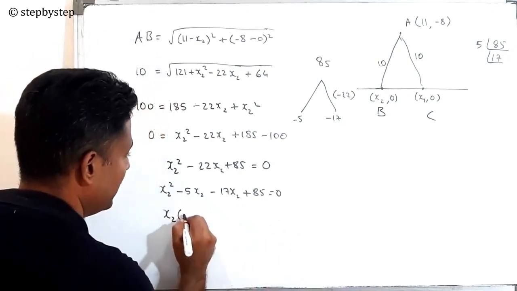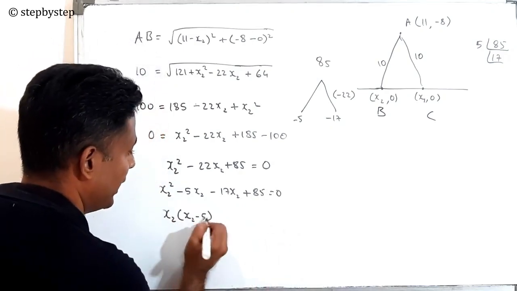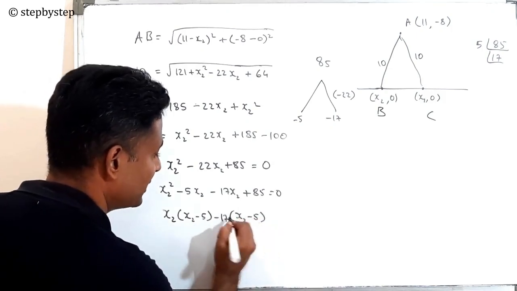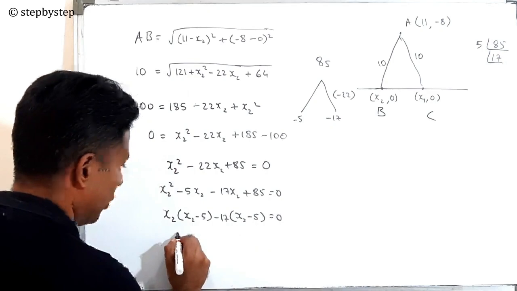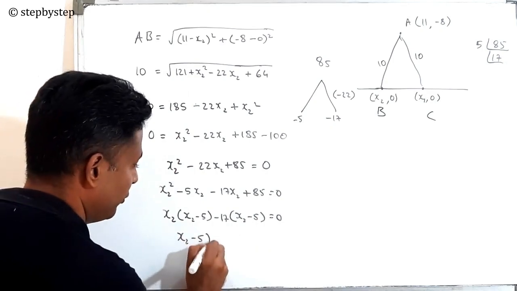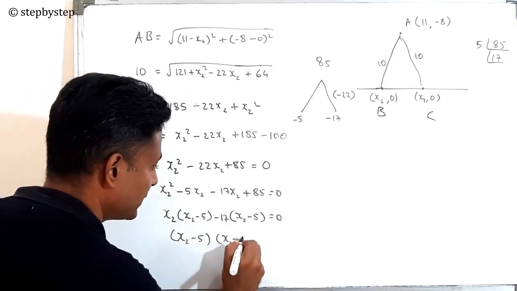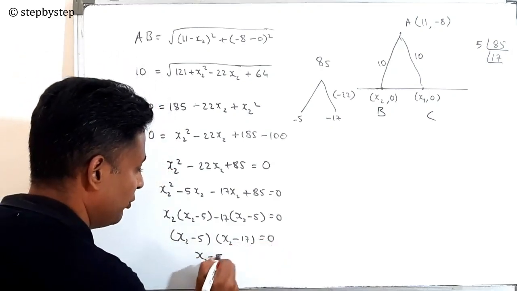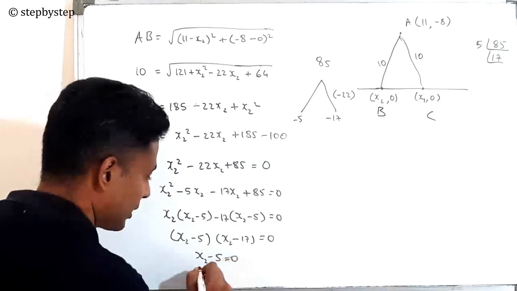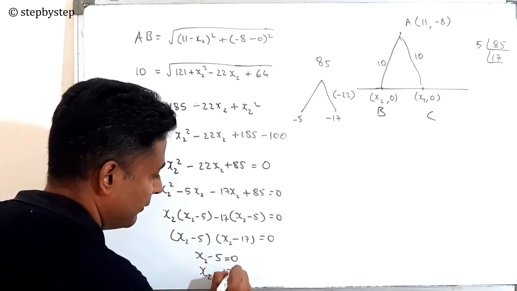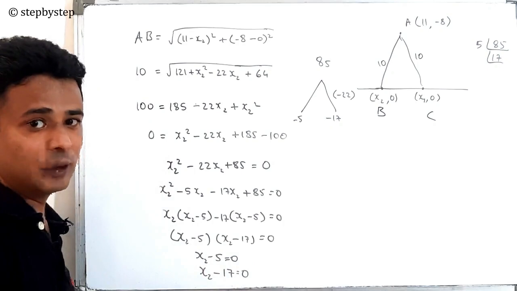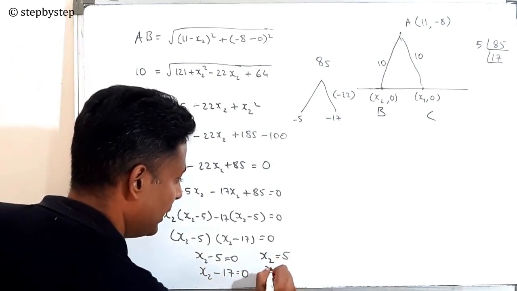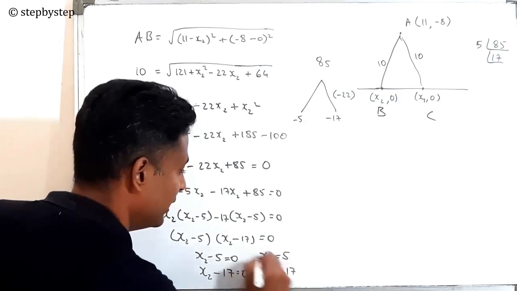Here x2 is common, and I get x2 minus 5, which means I have to take minus 17 common. So x2 minus 5 into x2 minus 17 equal to 0. So x2 minus 5 equal to 0 and x2 minus 17 equal to 0, which means x2 equal to 5 and x2 equal to 17.